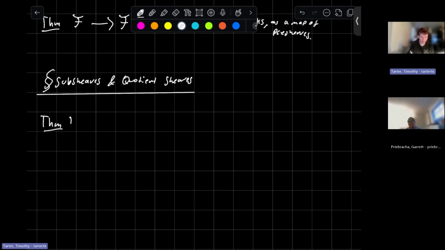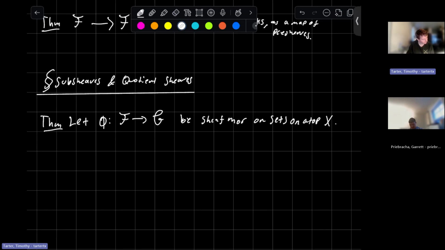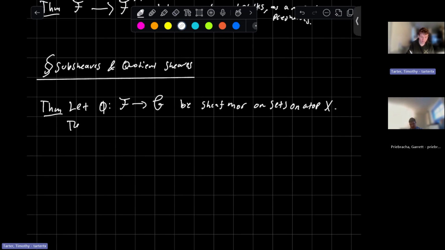So the theorem: let phi from script F to script G be a sheaf morphism on sets on a top space X. Then the following are equivalent.